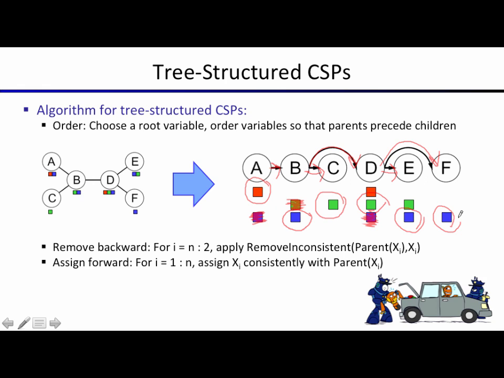And now, because this is a nice tree, basically what happens is for every arc that we're going to look at, every variable is going to have one arc coming into it, right? And so once we pick the parent, we're guaranteed that according to that arc being consistent, we're going to have something for that variable. And now we go to the next variable. Again, we picked something from the tail of that arc.